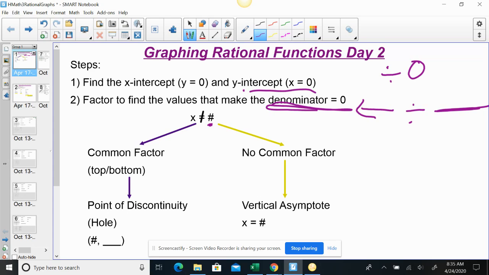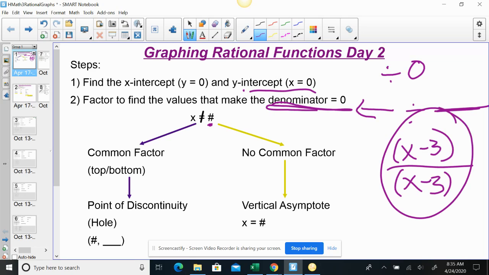And then if there is a common factor, say when we factor we have an x minus 3 in the top and an x minus 3 in the bottom, this is a common factor. Common factors lead to a unique situation called a point of discontinuity, commonly just called a hole. Since it is a point, we write it as an x and a y, using the x value that it can't equal, and then solve algebraically for our y.